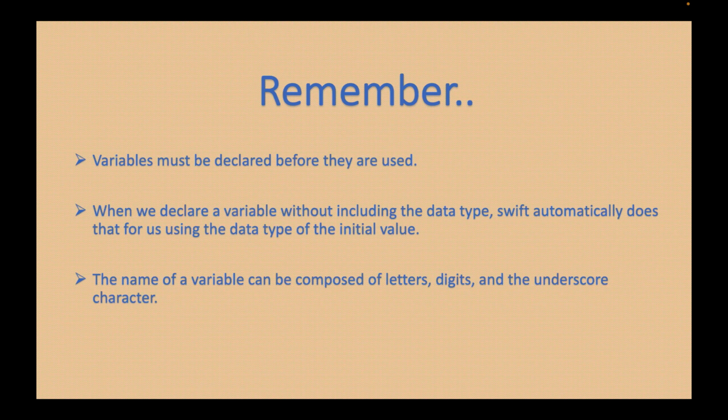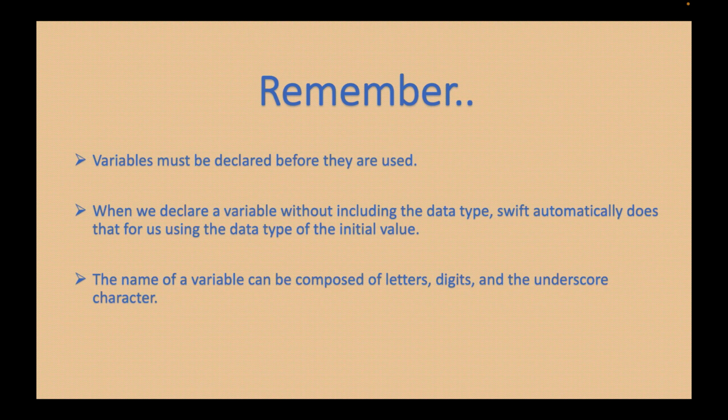And same, if you do not provide an initial value, it will take it based on the data type defined. So any one of them you need to define, either the data type or the initial value. The name of a variable can be composed of letters, digits, underscore. As I said earlier, there are naming conventions we need to follow. So this is the basic idea about variables and their behavior and properties.